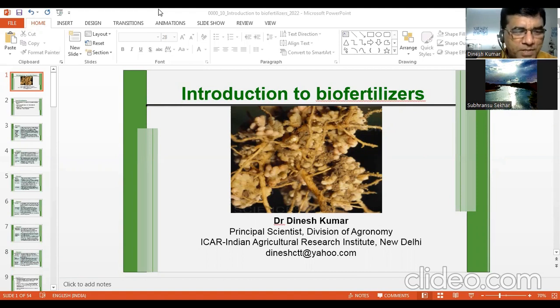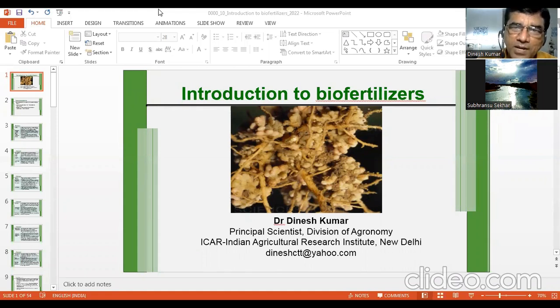So 220 rupees have been contributed by a biofertilizer which is costing, say, 20-30 rupees. In 20 rupees, you are getting 220 rupees. So that is really good economics, it is very economic and it improves the health.